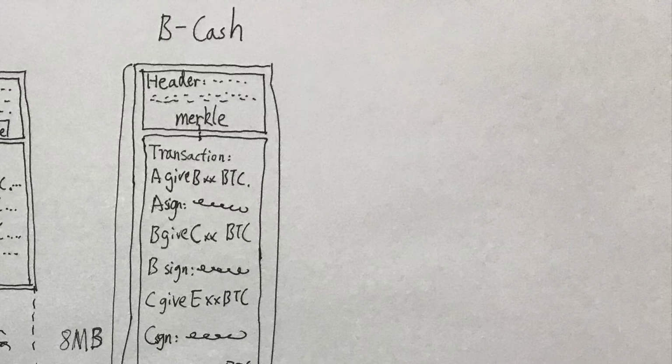The downside of the Bcash block is they broke the rule of Bitcoin. The rule of Bitcoin is you have to use a block which is smaller than 1 megabyte. So the Bcash block will be rejected by the Bitcoin nodes.